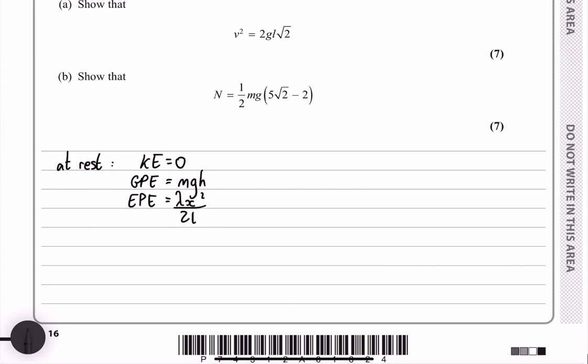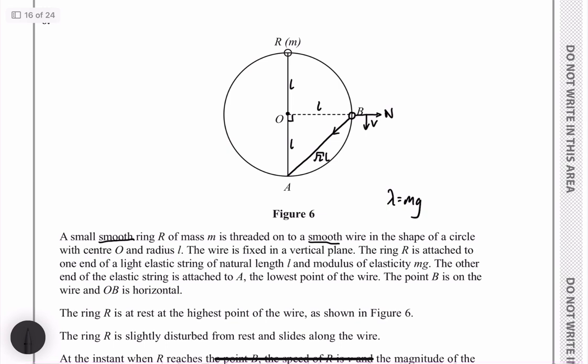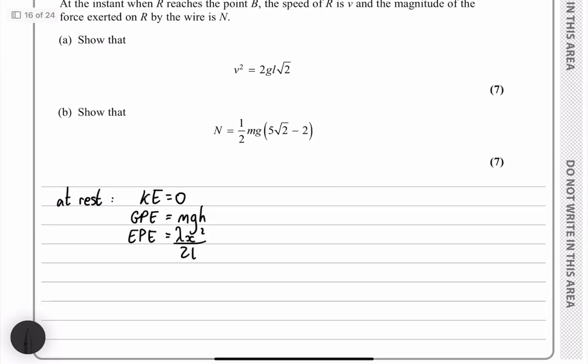Now at that point, h, if I take A as my 0 level, at this point here, then h up at the point here is L plus L, 2L. So we've got mg times 2L here.